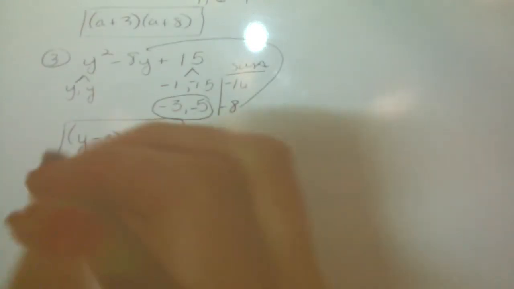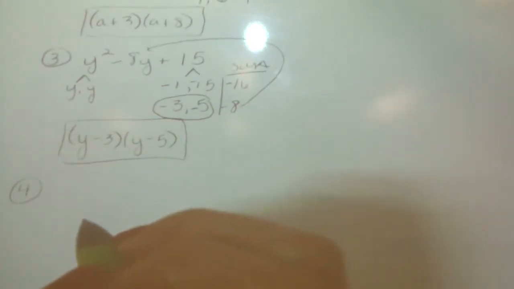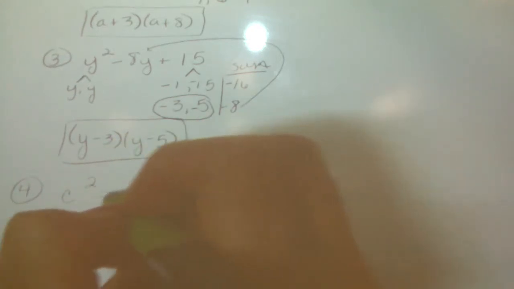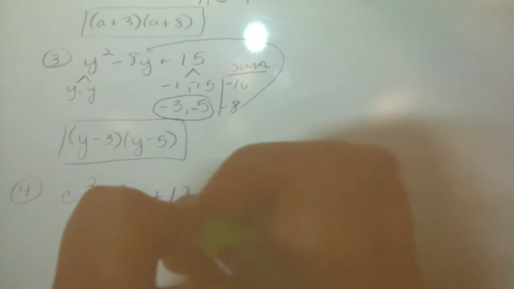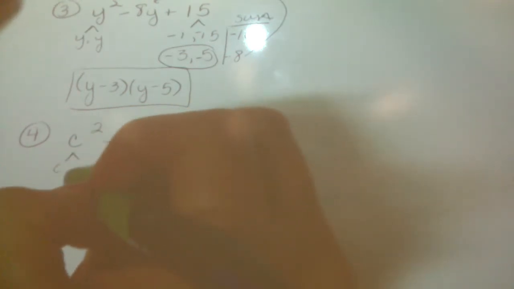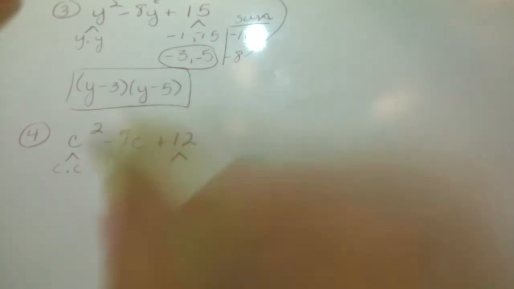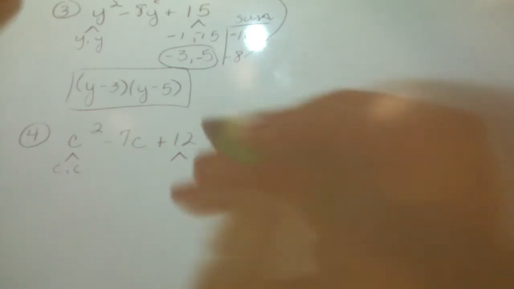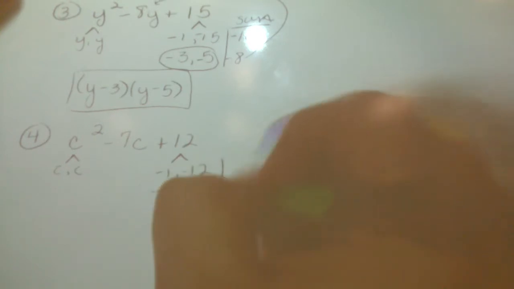Let's do another one like that one. Number 4, I've got c squared minus 7c plus 12. This becomes c and c. Because the last number is positive, the middle number is negative, they're all negative. So I've got negative 1, negative 12, negative 2, negative 6, negative 3, negative 4.